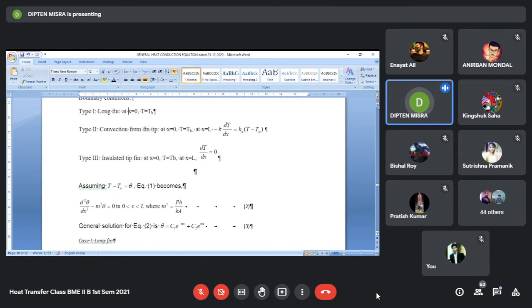And I would ask you to find out an explanation for this, not from yourself, but try to see when this type of situation can arise, look in different books, and come up with an explanation of why you should take the tip of the fin as insulated.